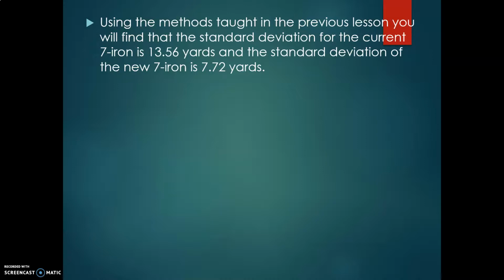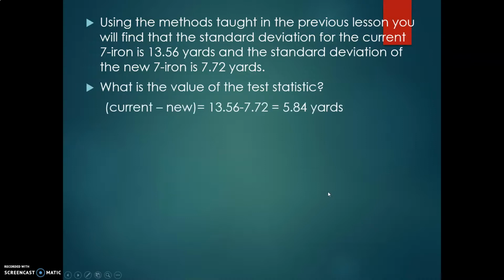These numbers, at first glance, make us believe that we are right, but we need to prove that we're right. So what's the value of our test statistic? We do 13.56 minus 7.72, which gives us 5.84 yards as our test statistic.